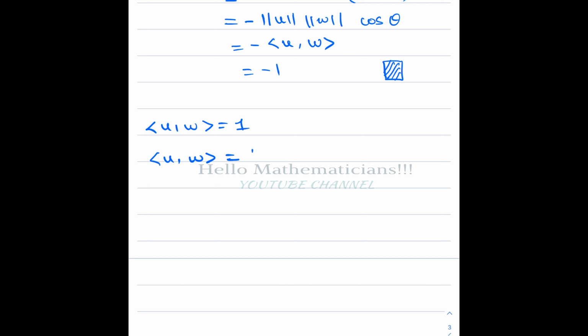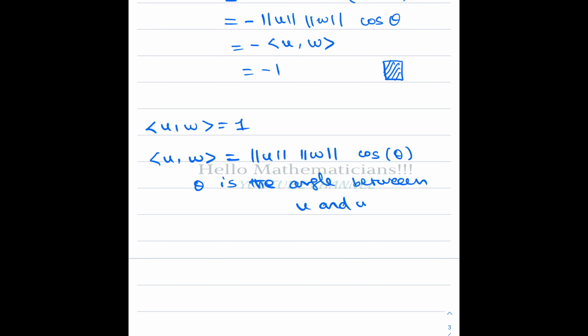The inner product of u and w equals the norm of u times the norm of w times the cosine of theta, where theta is the angle between u and w.